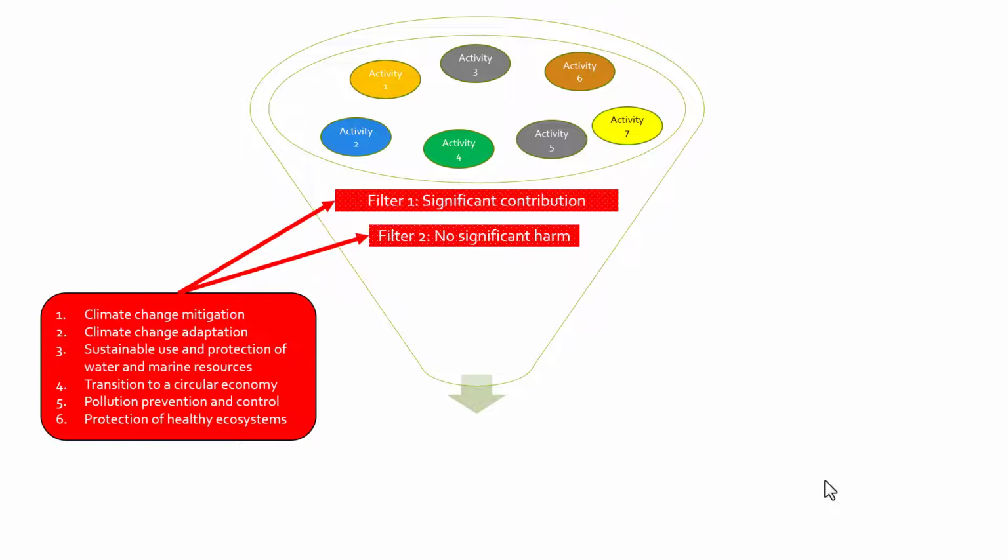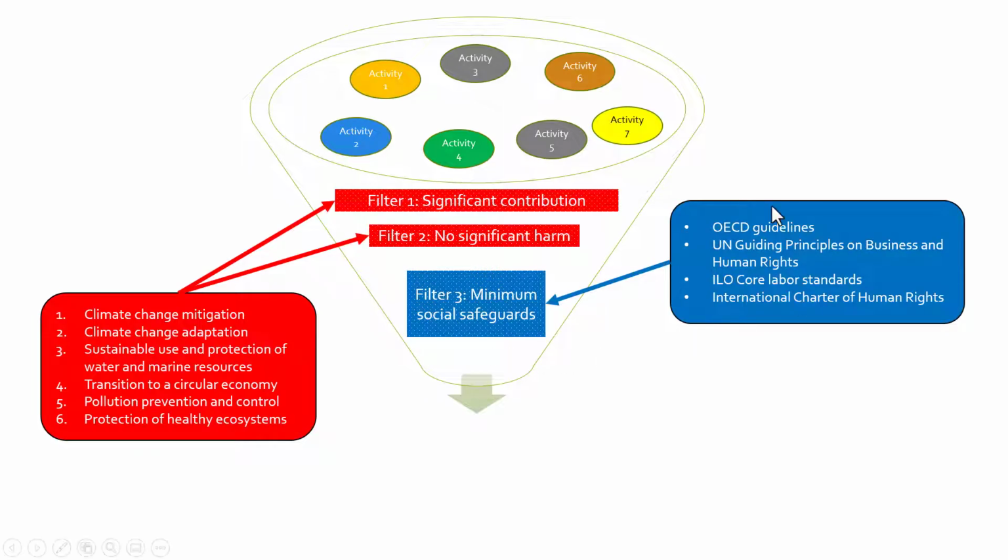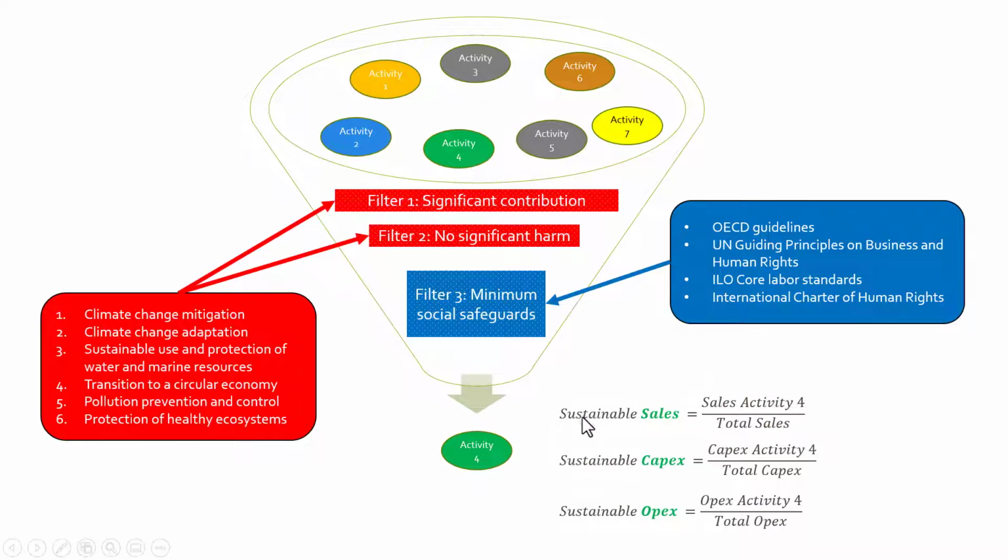Filter 2 says whatever you do should not have a negative impact on one of the 6 targets. And filter 3 says you should comply with these social safeguards, with these minimum regulations. If an activity fulfills all of these criteria, it's considered to be sustainable. And for this activity, you have to calculate ratios. So you have to calculate sales, capex and opex, and just take the sales of the sustainable activities to the total sales. Capex and opex is the same idea.